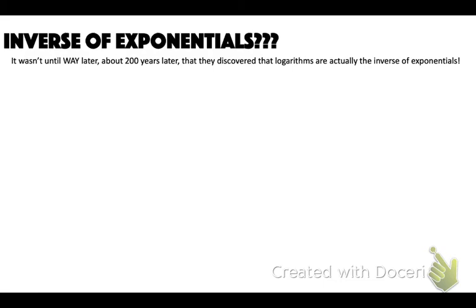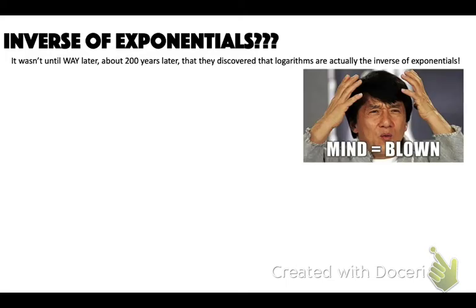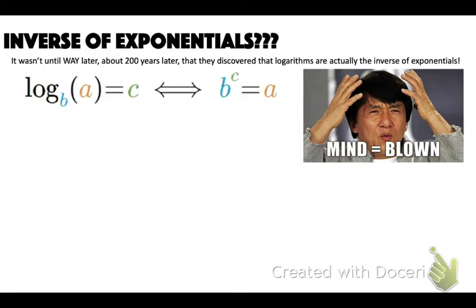Logarithms were invented way before we even realized they were the inverse of exponentials. That kind of blew my mind. I know I probably sound like such a math nerd right now, but whatever. Basically, log base b of a equals c is the exact same thing as b to the c power equals a, because they're inverses of each other. These are equivalent statements.